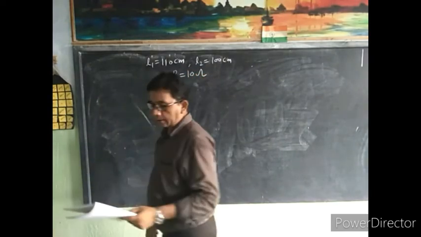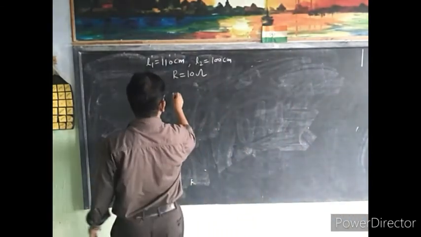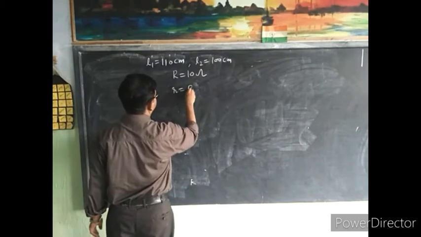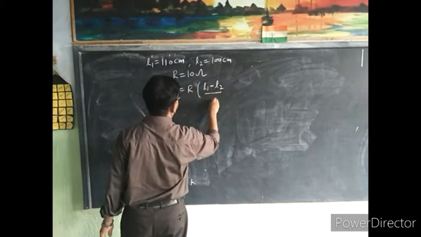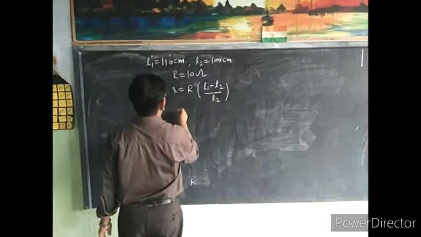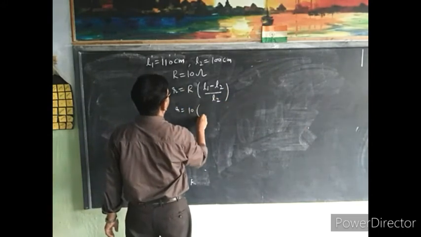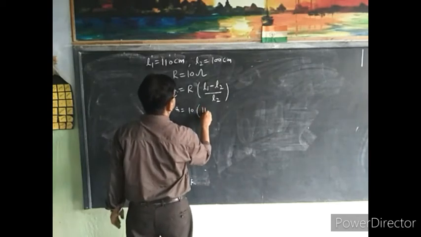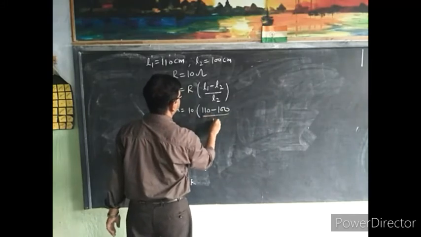Now we will find the internal resistance. We know the formula of internal resistance: small r is equal to capital R into (L1 minus L2) upon L2. Now small r is equal to 10 ohm into (110 minus 100) upon 100.